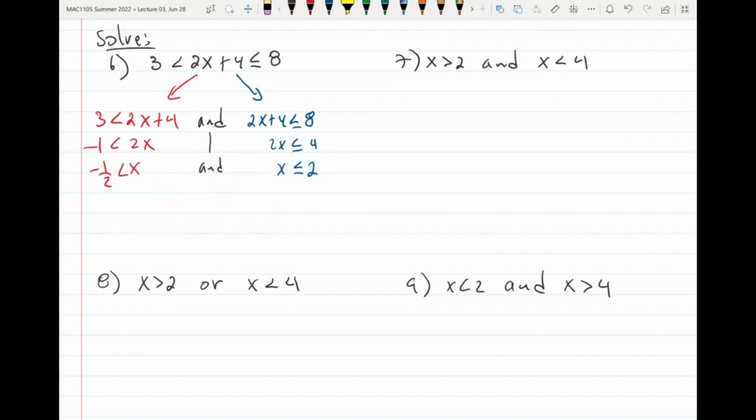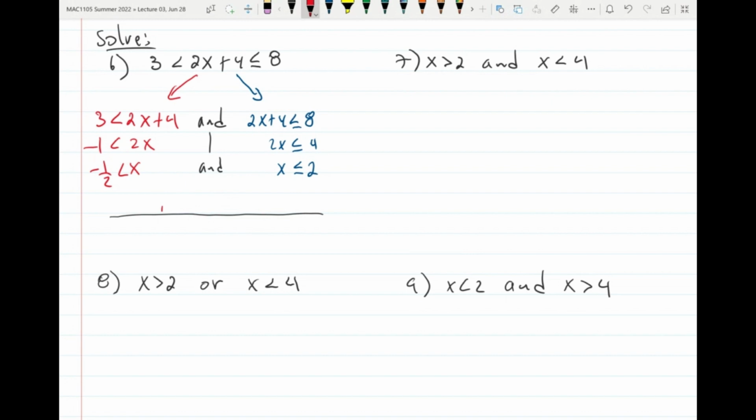Now, the way that we graph something like this is the word AND means intersection. So when you have 2 sets, the intersection is whatever they have in common. The word OR means union, just combine the two pictures. So on the same picture, we're going to graph both inequalities. Let's graph the first one.